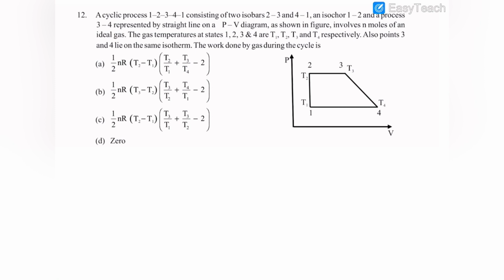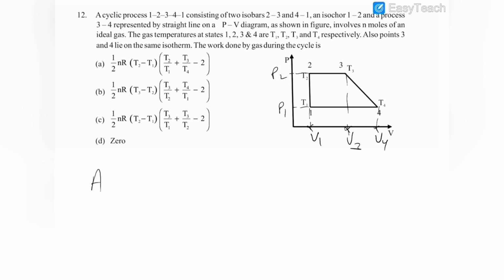So we have to find out the work done by the gas during this cycle. Now first of all, let us analyze this problem. The volume in this case is, this is V1, this is V4, let's suppose this is V3, this pressure is P1 and this pressure is P2.